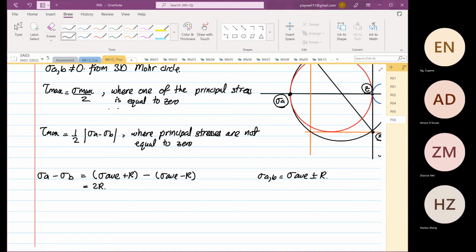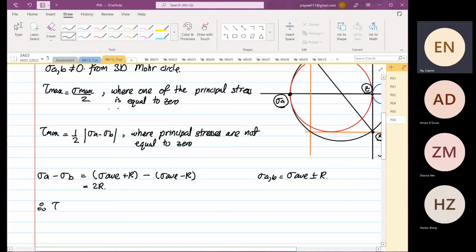So therefore tau max is equal to half the absolute value multiplied by 2R, and tau max is equal to 21 times 10 to the power 3. So the radius is equal to 21 times 10 to the power 3.